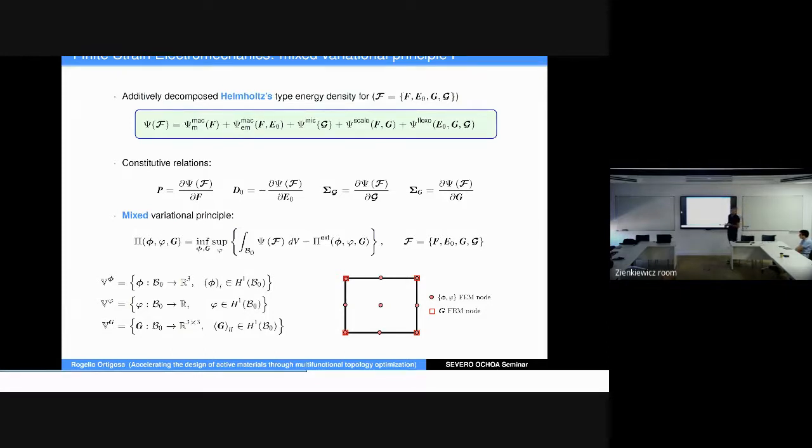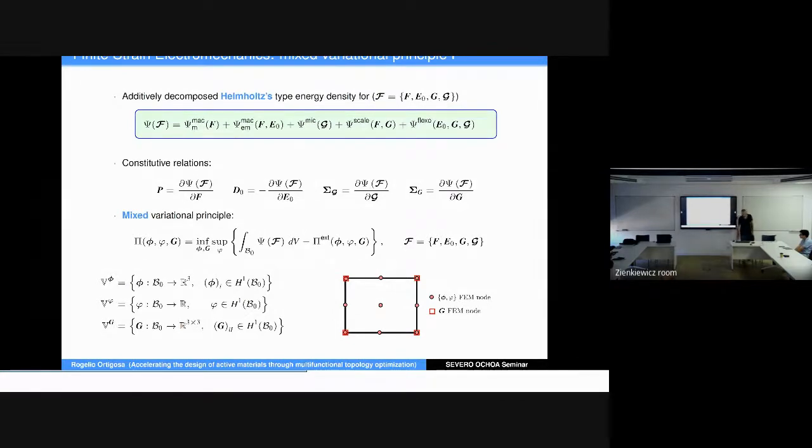But there is a downside to that. If you want to stick to C0, then your fields are going to be displacements, potential, and this extra microscopic field, and your system of equations is going to be larger. You need though to satisfy the LBB condition, and there is a numerical proof for this formulation in the small strain case that tells you that you should go for this combination of finite element spaces.